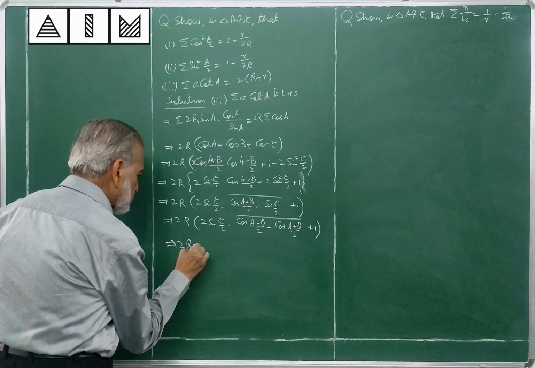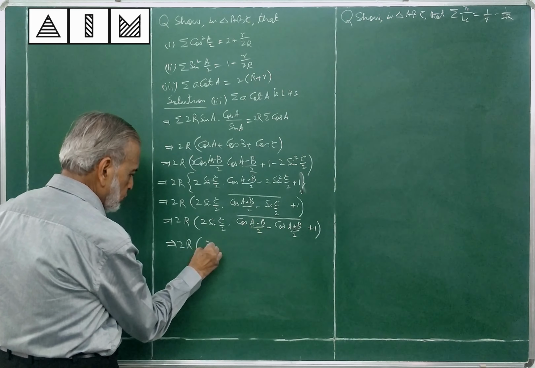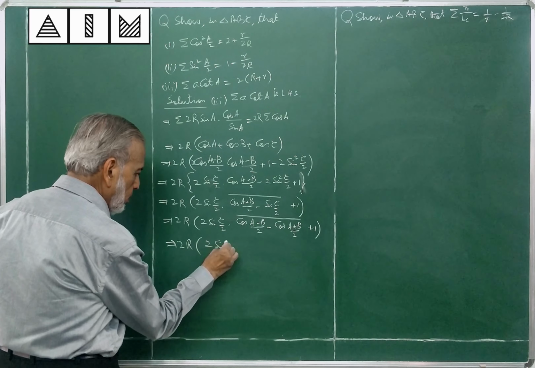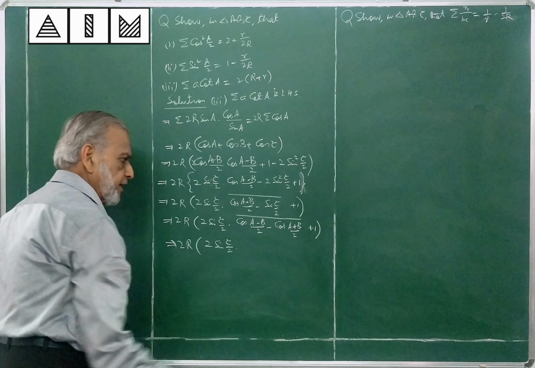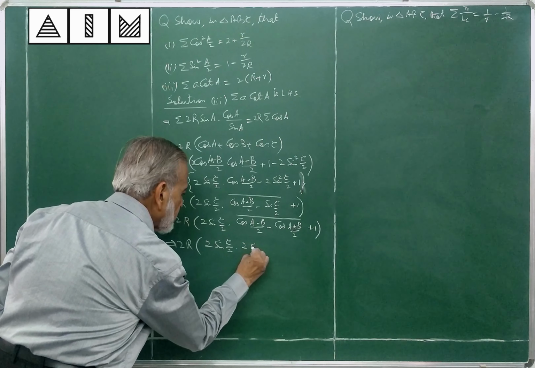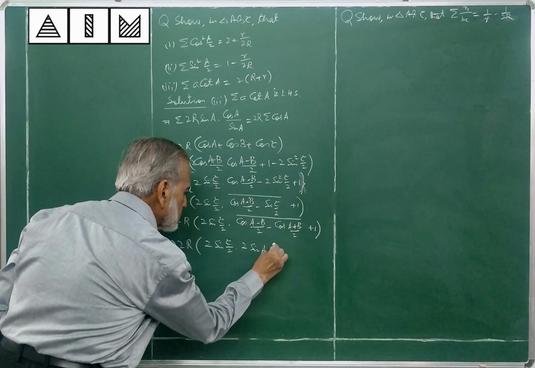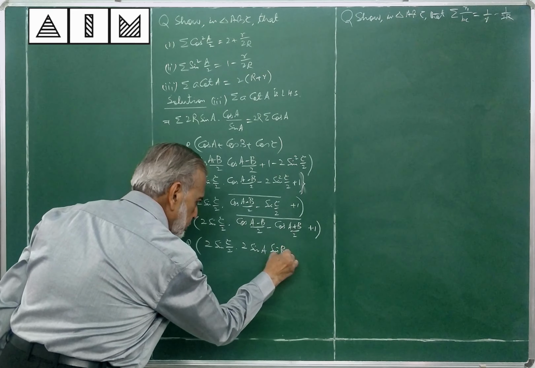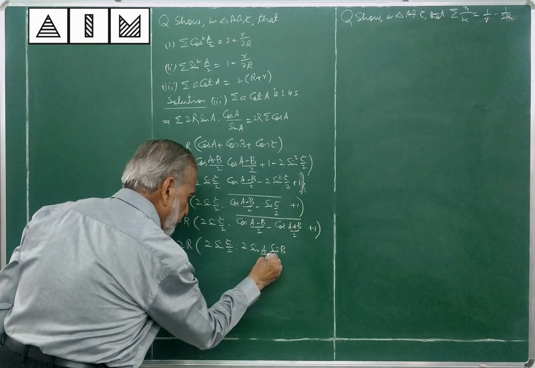Here 2 sin C by 2. In one of the questions you have done earlier, cos A minus B minus cos A plus B is 2 sin A sin B. Here it is A by 2 and B by 2, so I am writing A by 2 and B by 2.